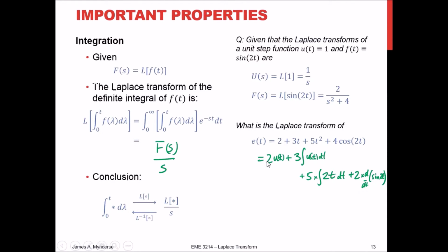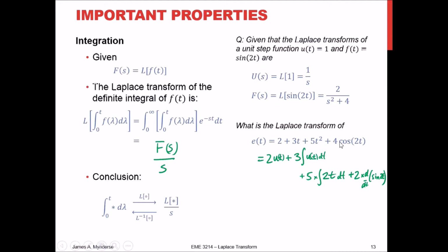This is equal to 2 times u of t, the first term. You can see that. The next term is 3 times the integral of u of t. The term after that is 5 times the integral of the integral of u of t, which gives 5 times t squared over 2.